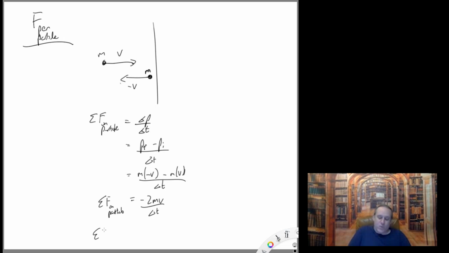But the net force on the wall is just minus the net force on the particle because of Newton's third law. So the net force on the wall is 2mv over delta T.